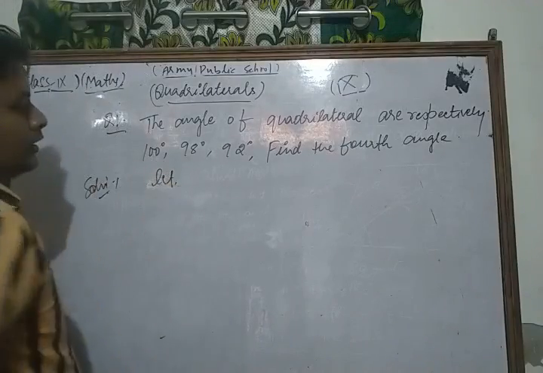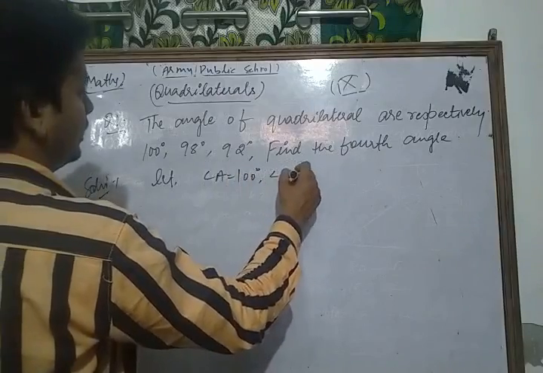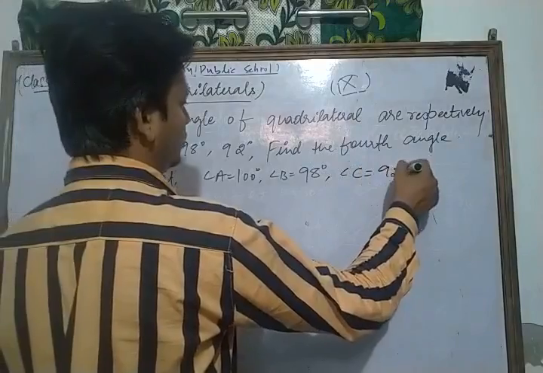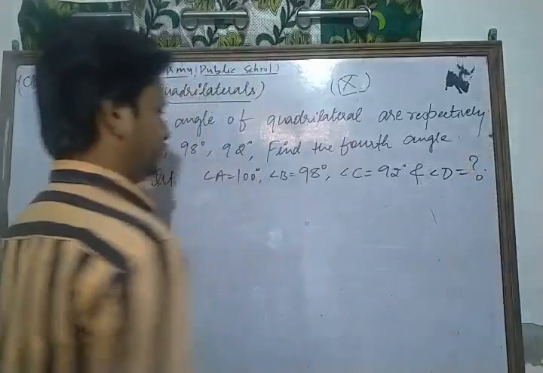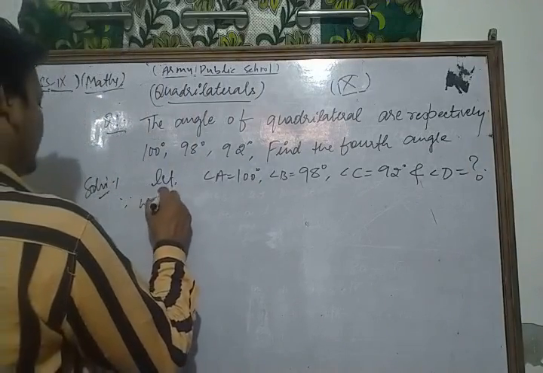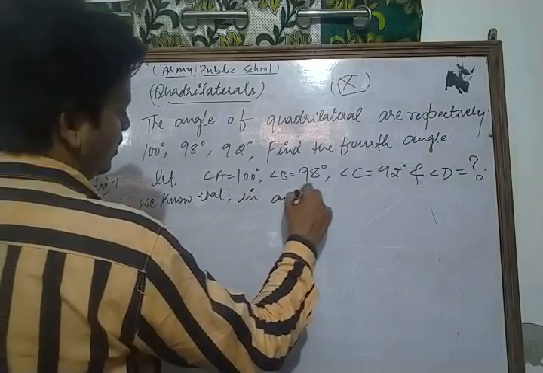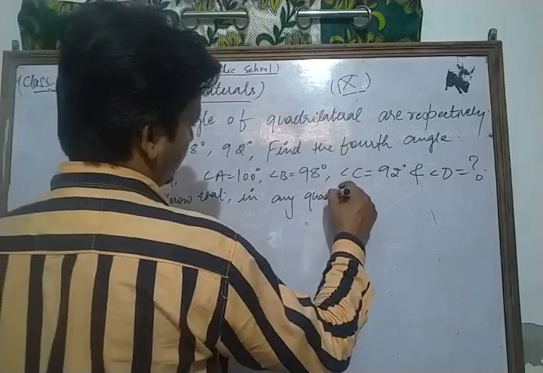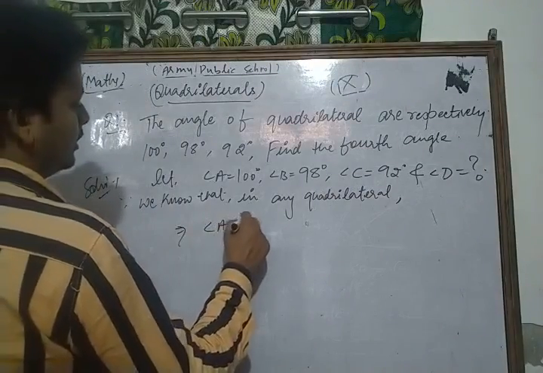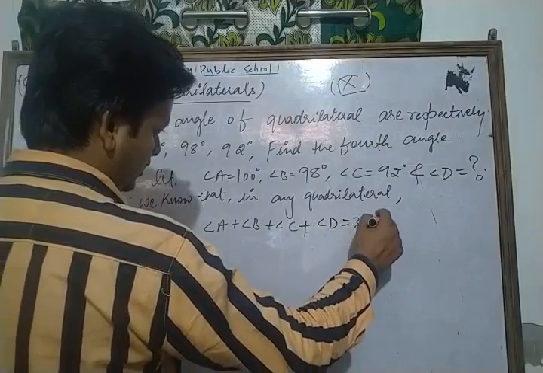Let the four angles be: angle A is equal to 100 degrees, angle B is equal to 98 degrees, angle C is equal to 92 degrees, and angle D we have to find. By the angle sum property of the quadrilateral, in any quadrilateral the sum of all angles, angle A plus angle B plus angle C plus angle D, is 360 degrees.